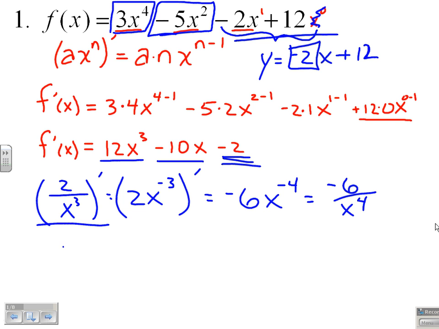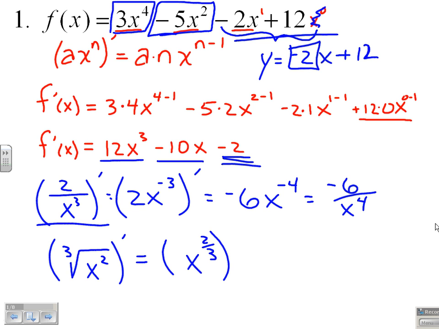Likewise, we might not look at the derivative of the third root of x squared and think, well, how in the world does the power rule apply to that? Well, because radicals can be written as exponents. This could be represented as x to the 2/3. And if we're finding that derivative, I bring the 2/3 down in front, leave the x, and reduce 2/3 by 1, negative 1/3.